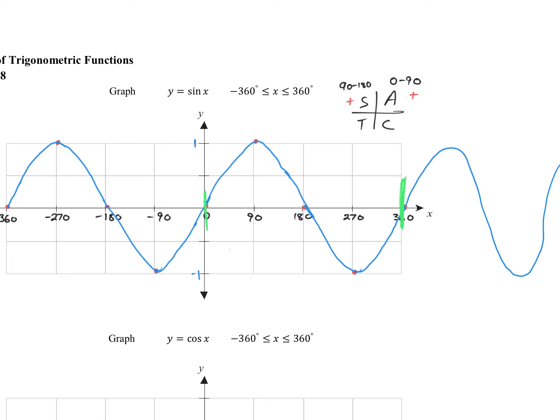So how that relates to this graph is, our sine graph is positive, so it's above the x-axis between 0 and 180. And then it's negative between 180 and 360. It's another way to look at it.